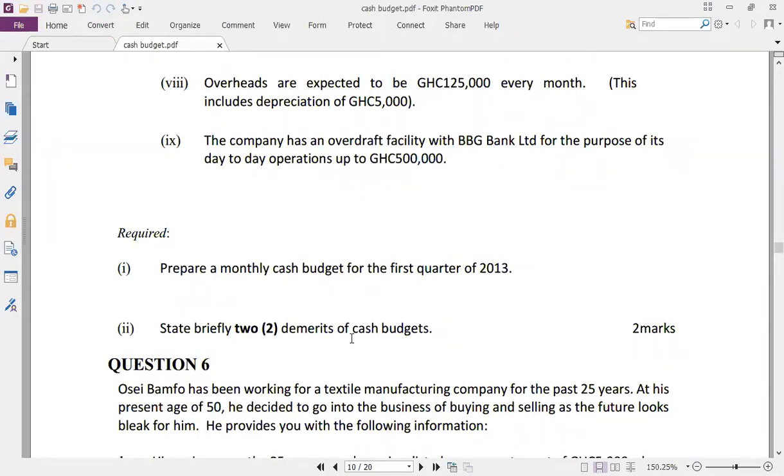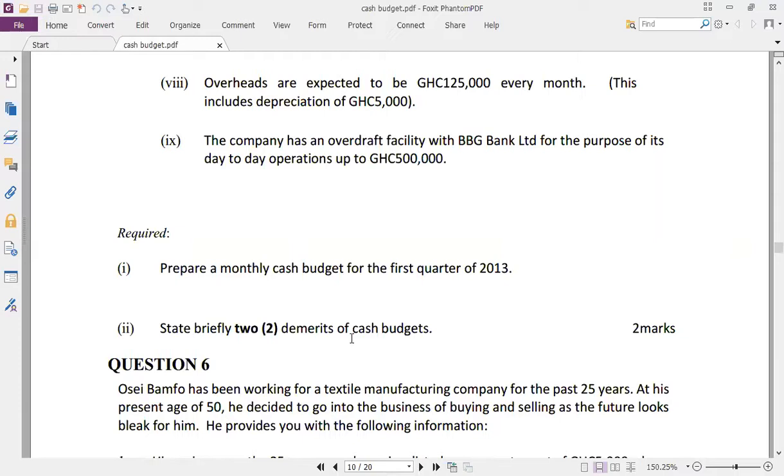Anytime the examiner asks you for the bad news about budgets, tell him that budgets are estimated, they are forecasts, they are expectations. Don't forget an expectation cannot always be the same as the actual, so it can differ from the actual cash flow. I'm sure in 2019 a lot of people prepared their cash budgets nicely, but COVID changed things. So that is the merit of it.